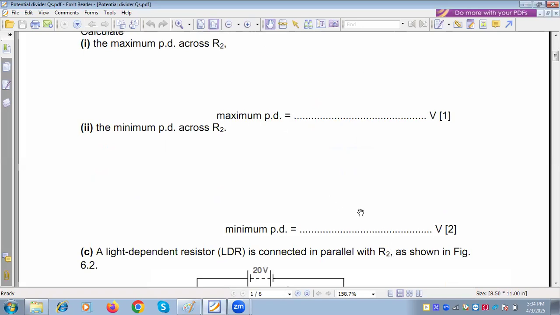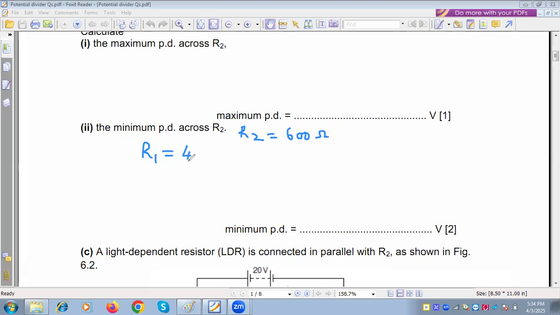R2 has the value 600 ohms. When R1 was 0, the entire 20 volts were across R2. But when R1 is at 400, the maximum resistance, the charge will use energy while passing through R1.